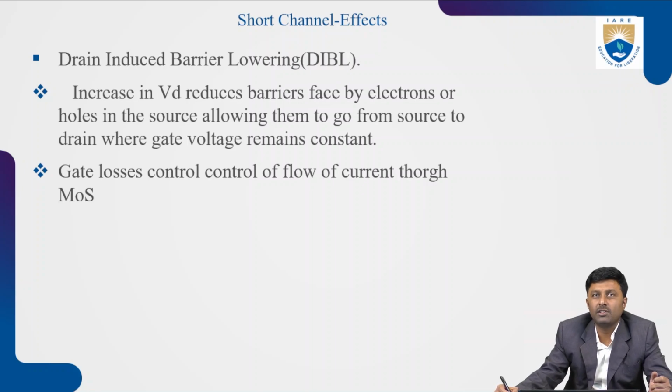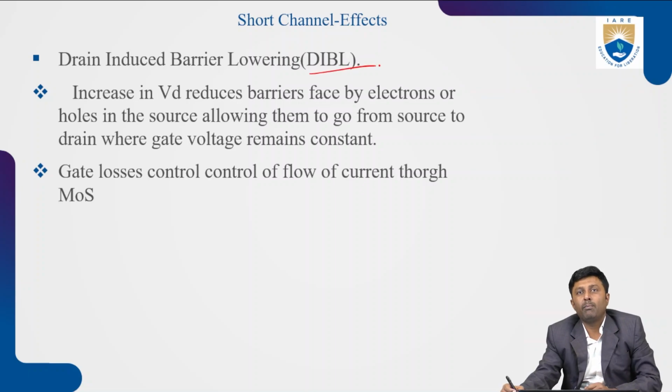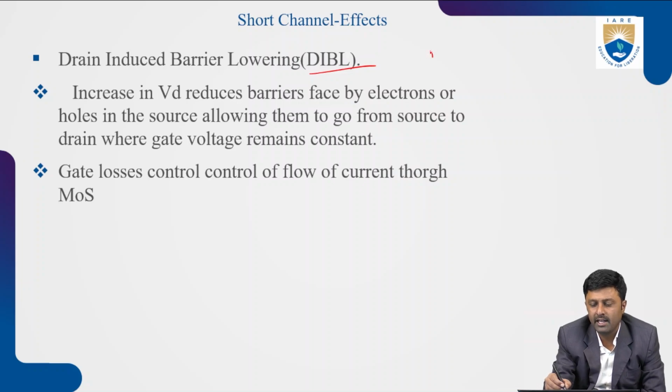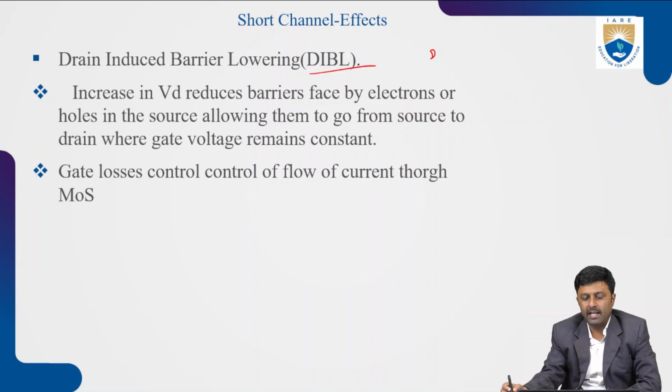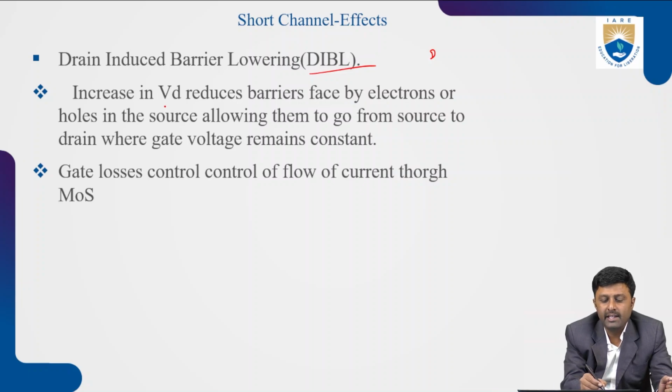So the first short channel effect that we come across is drain induced barrier lowering, which is normally pronounced as DIBL. This side effect happens because of the increase in the VD.